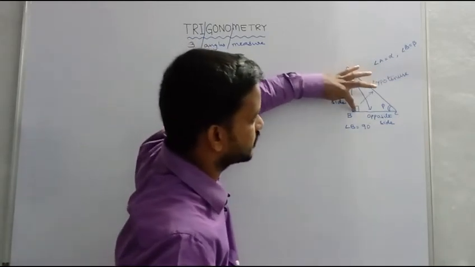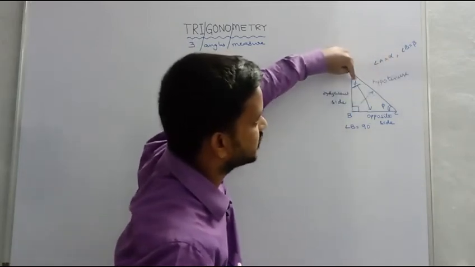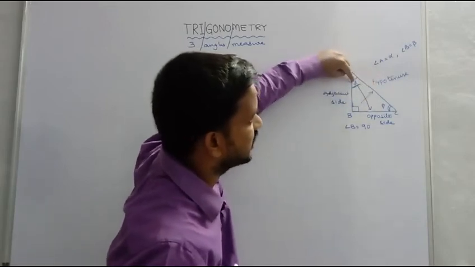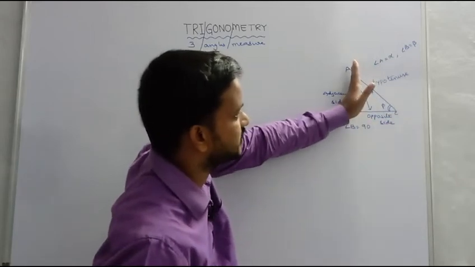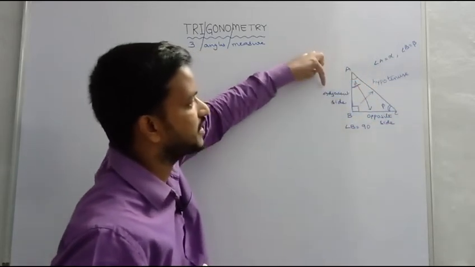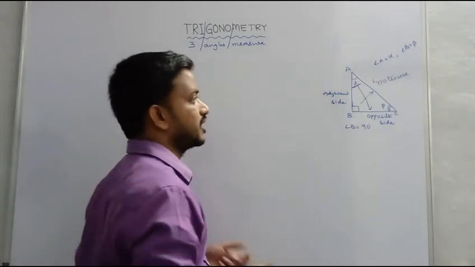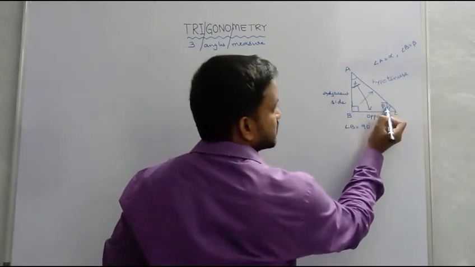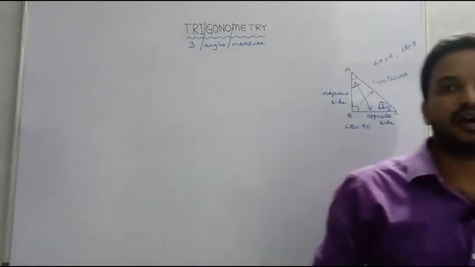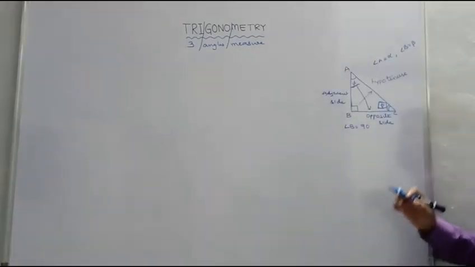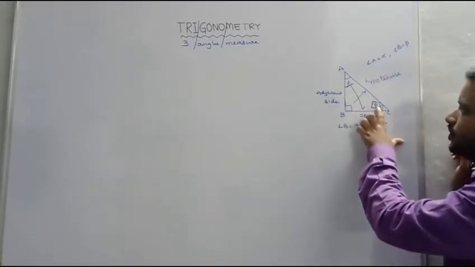The side opposite to 90 degrees is always called the hypotenuse, the side which is opposite to the given angle is known as the opposite side, and the side which is adjacent to the given angle is known as the adjacent side. For example, if I consider the angle beta, observe whether the sides remain the same. We have taken angle at C now.